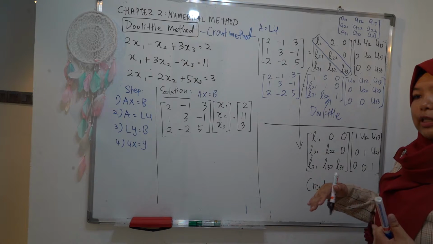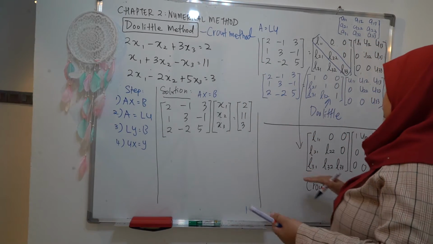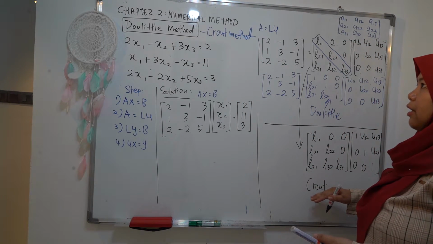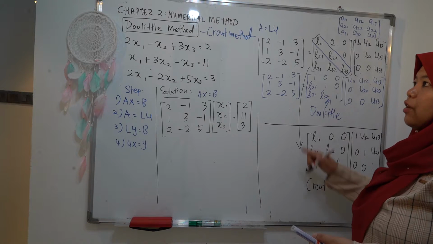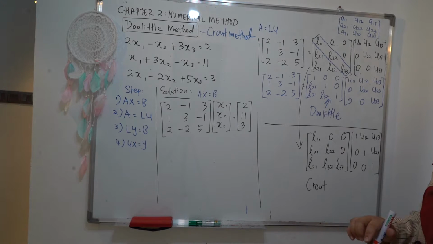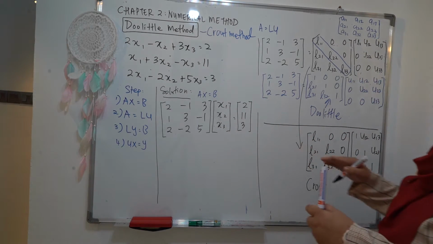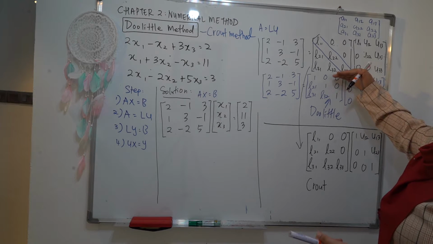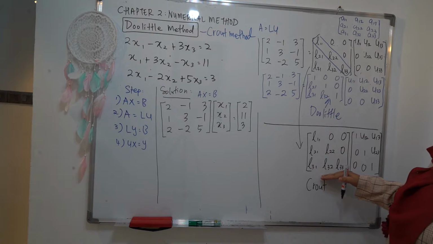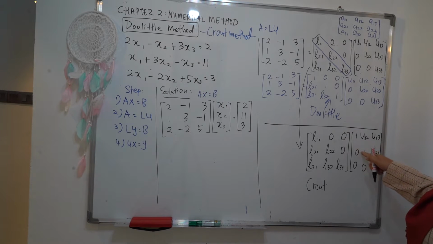For this video, I just focus on the Doolittle method. For the Crout method, you can use this question also, but you just keep matrix L, and for the matrix U, you change the diagonal into 1.